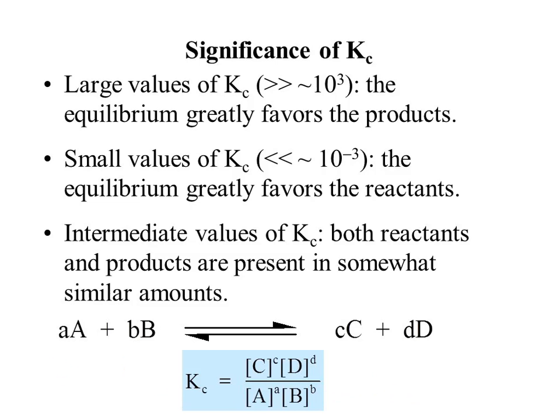And then, of course, something in between. If it's kind of in between, I see here it says 10 to the third, which is 1,000, or 10 to the negative third, that means at equilibrium, you got a little bit of both. I think chemical equilibria are awesome. Because you figure we're used to basically starting with reactants, going to products, and that's the end of the story. Not so fast.